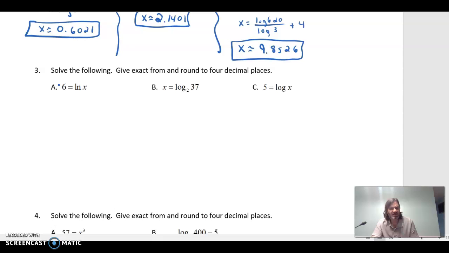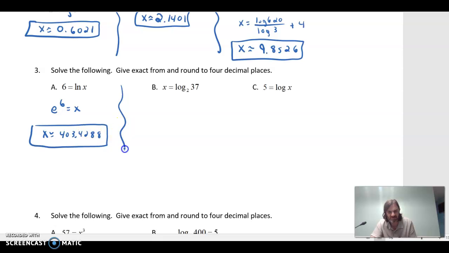So to get that x out, we're going to change it to exponential form. So we're going to go the other way. So we'll have e to the 6 equals x, which is definitely an exact answer, but putting that into the calculator, x is about 403.4288. 403 and a little bit more.